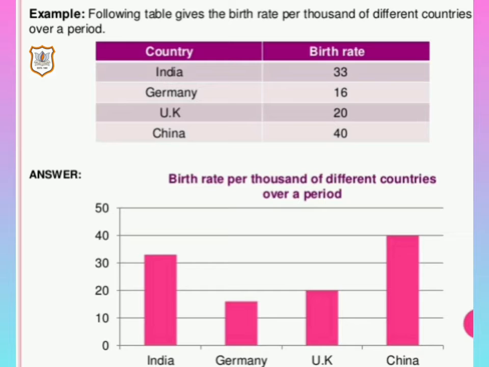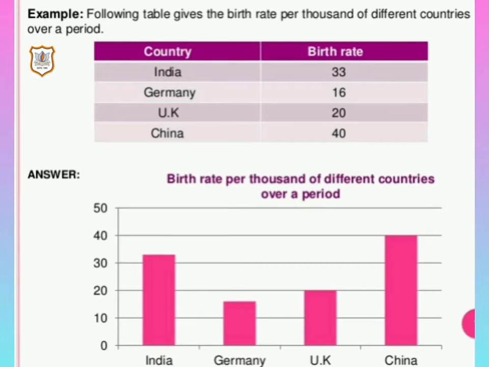That shows 33. So India is having birth rate 33,000. Germany is having 16,000. Now 16 comes in between 10 to 20. So the bar is drawn a little above 15. That represents 16,000. Germany represents birth rate of 16,000.